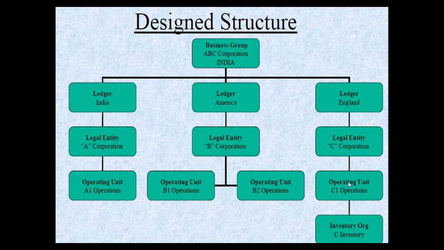So operating unit and inventory org have to be related. OU and legal entity have to be related. Legal entity and ledger have to be related. There cannot be a direct relation between ledger and operating unit. Operating unit cannot directly get connected to ledger. It's with the help of legal entity it gets connected to ledger.